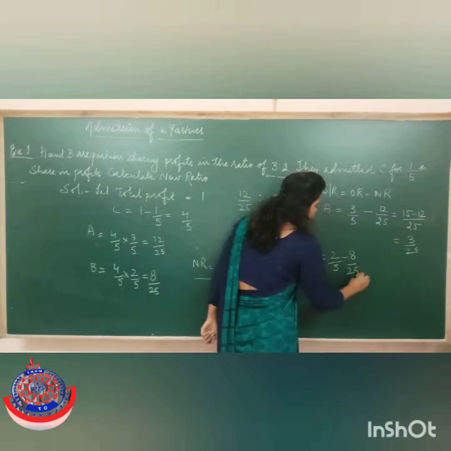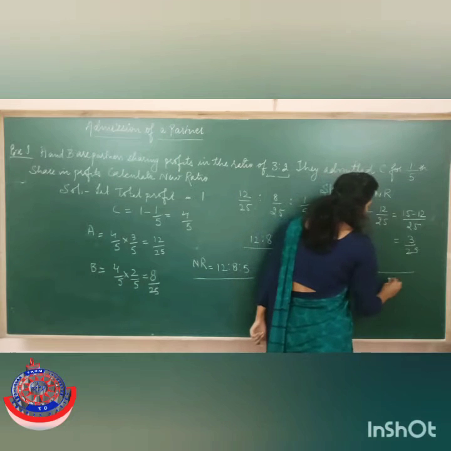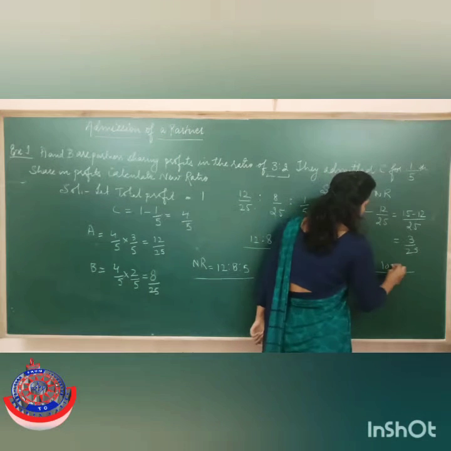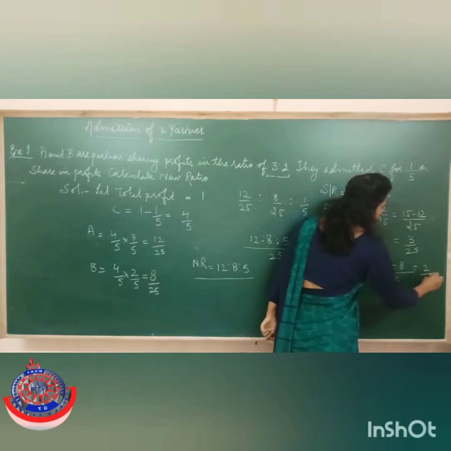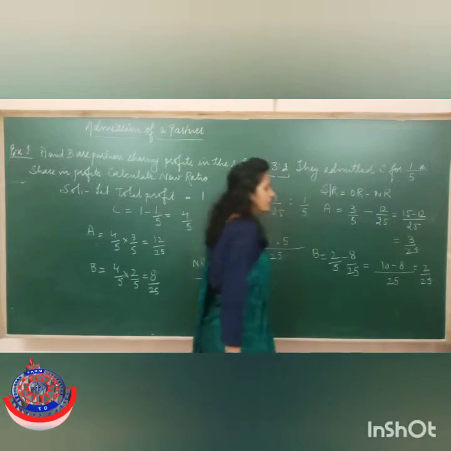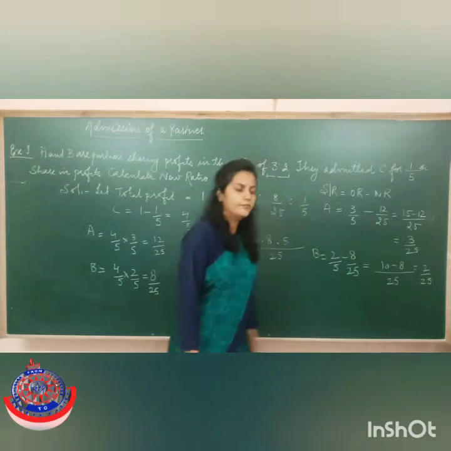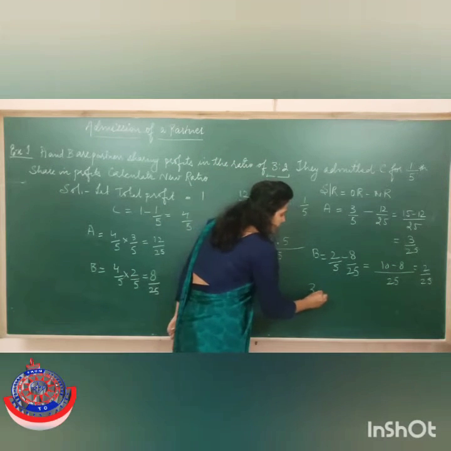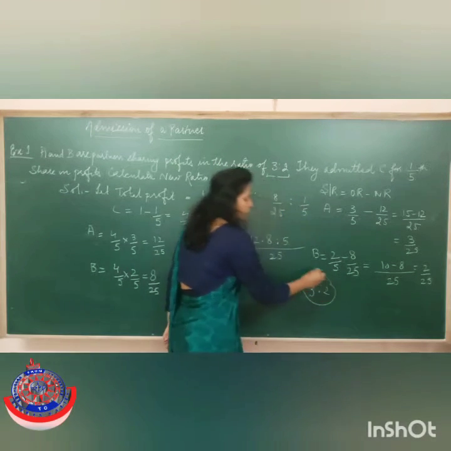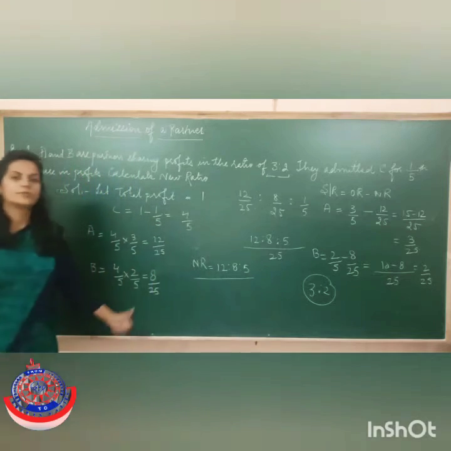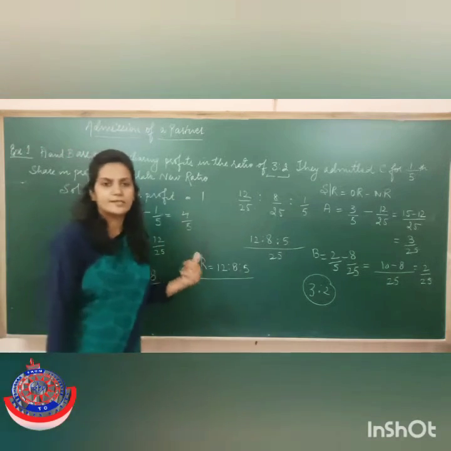So solve it. So their sacrificing ratio comes 3/25 and 2/25, which means that their sacrificing ratio is 3:2. So I hope this first case and the most simplest case is clear to you.